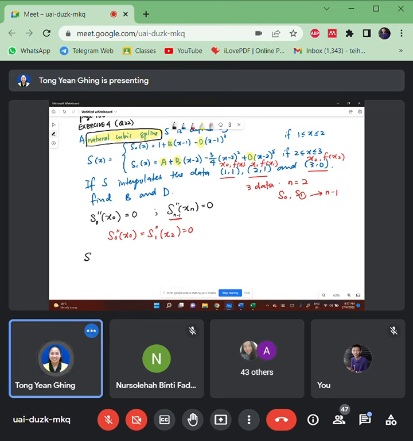Let's say this one as S not x, A plus B. If let's say I want to do first derivative, sama-sama can we do with me? Mungkin saya dah lupa macam mana nak buat first derivative.